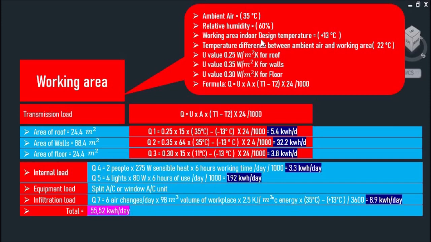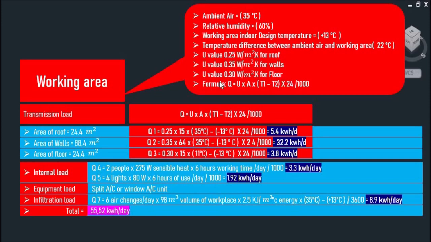The working area indoor design temperature is positive 13 degrees Celsius, and the temperature difference between ambient air and the working area is 22 degrees Celsius, with a U value of 0.25 watts per square meter Kelvin for our roof, 0.35 watts per square meter Kelvin for our walls, and 0.30 watts per square meter Kelvin for our floor.